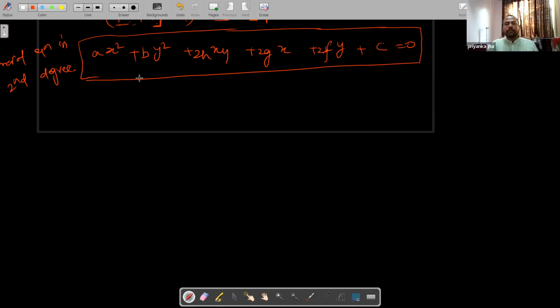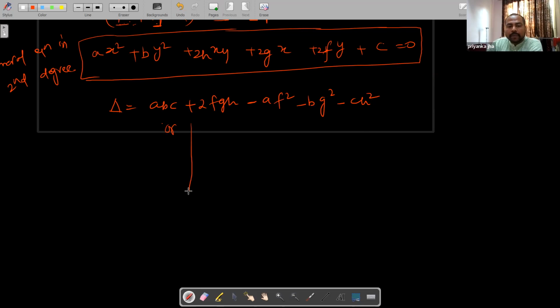For that, first of all you have to find delta. Delta is abc plus 2fgh minus af squared minus bg squared minus ch squared. How does it come? See, there is a determinant.